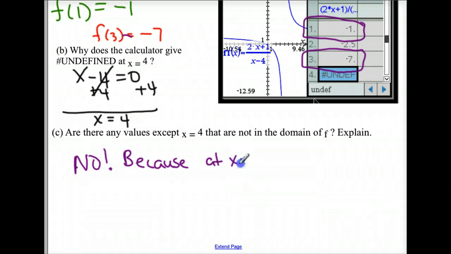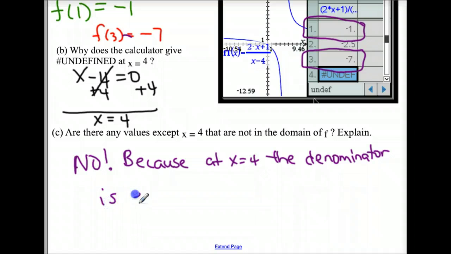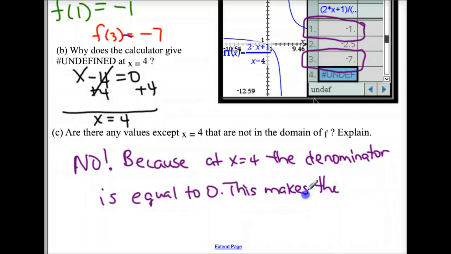So again, we're going to explain because at x equals 4, the denominator is equal to 0. This makes the function undefined.